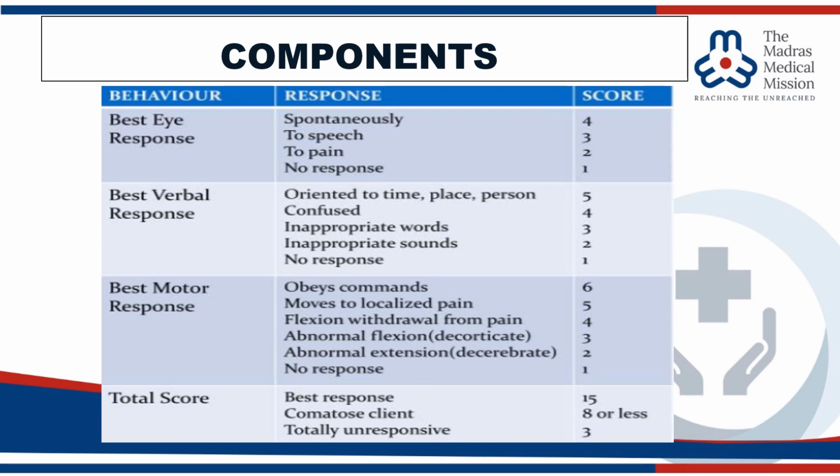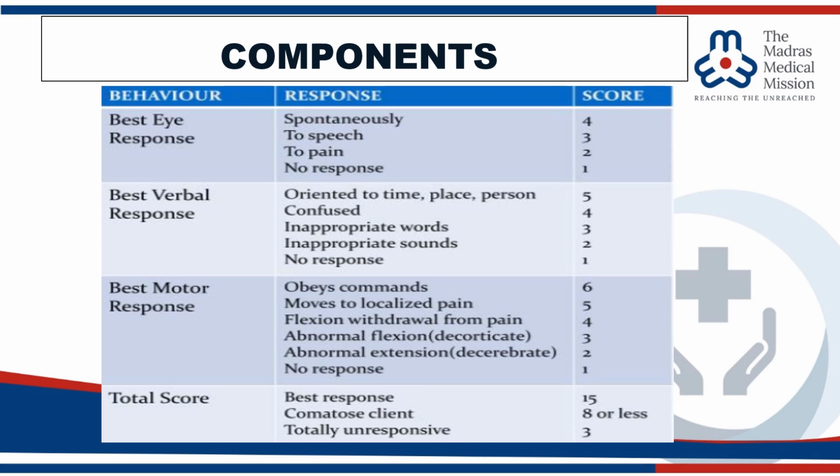If there is a flexion or withdrawal from the pain stimuli, then it will be scored as 4. If the patient moves his extremities to localize pain, then it is marked as 5. And if the patient obeys commands, whatever the examiner asks, then it will be marked as a score of 6. So the best motor response will be marked between 1 and 6.